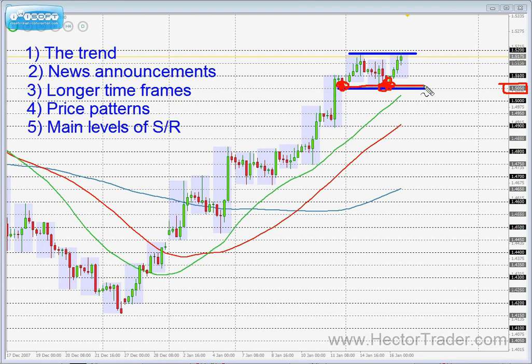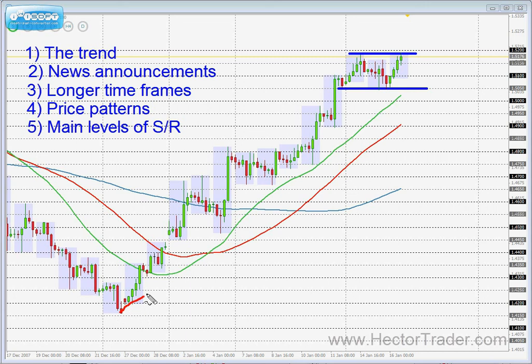If this level breaks to the downside, this uptrend will probably be compromised. I don't want this level to give way in this uptrend. If I see price breaking to the downside, violating this support level, I will consider that for the time being this uptrend might be weakening.